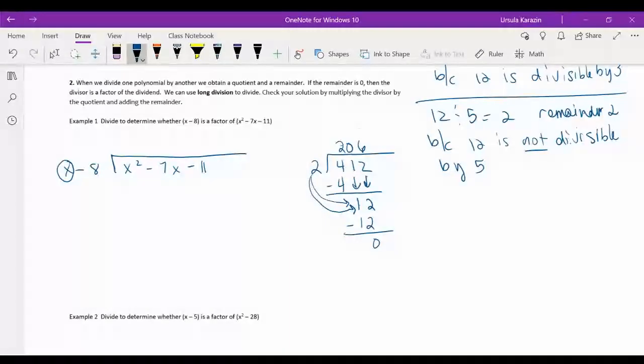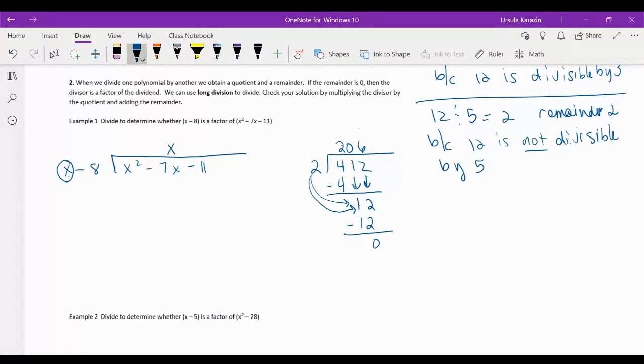Okay, so we're going to use that same idea to do this problem. But like I said, we're only going to use the x that I circled on the outside. So what do I have to multiply x by so that it becomes x squared? Well, I have to multiply by x, correct?